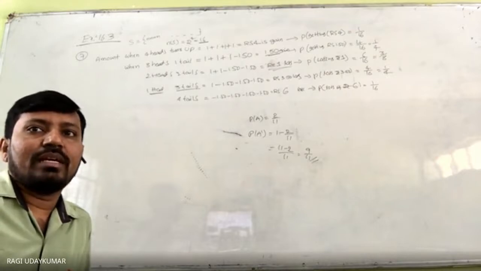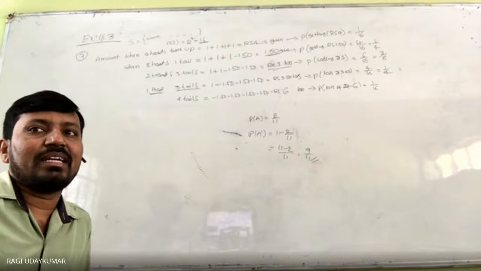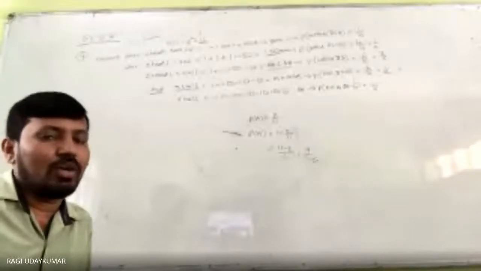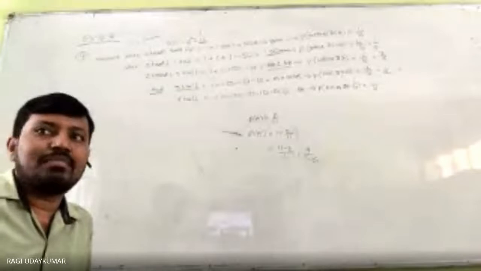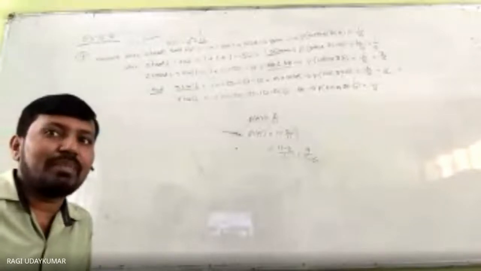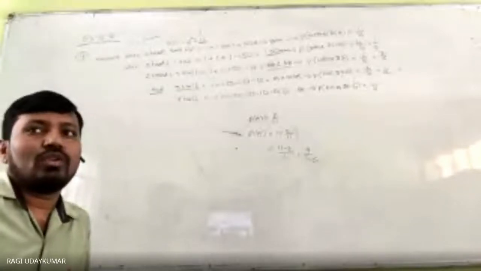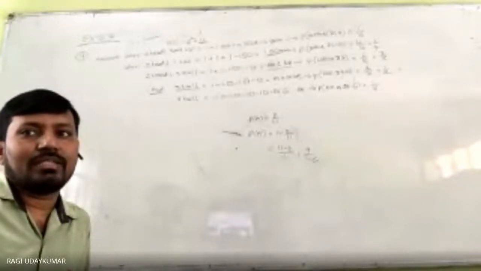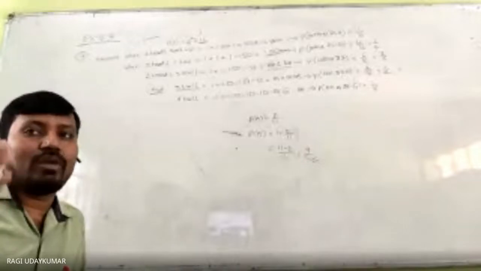11th question. You see that in a lottery, a person chooses 6 different natural numbers at random from 1 to 20. If these 6 numbers match with the 6 numbers already fixed by the lottery committee, he wins the prize. So what is the probability of winning the prize in the game? Here, whenever you take it, consider selecting 6 out of 20.